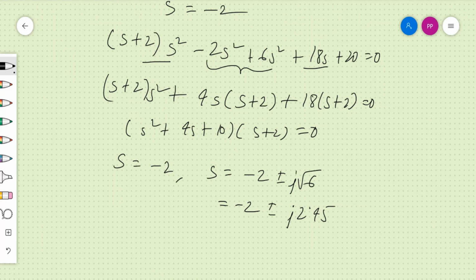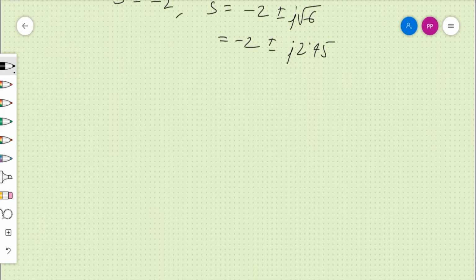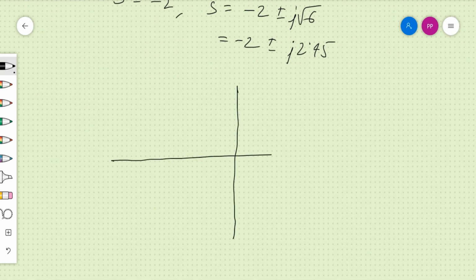So let us draw the plot in a better way. We have the S-plane where we are drawing the root locus, sigma and j omega axis.